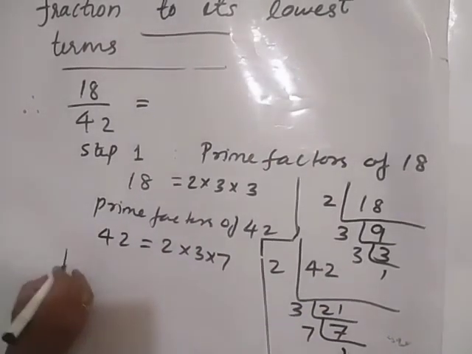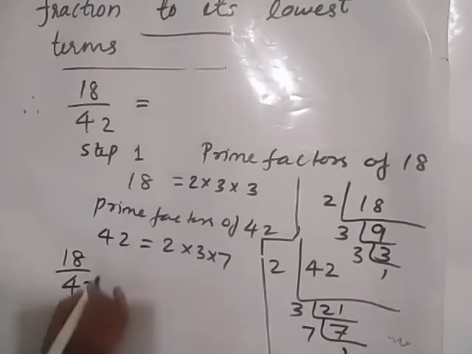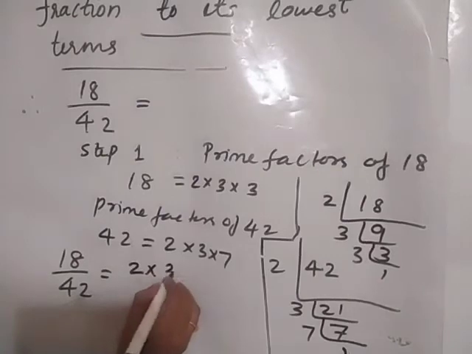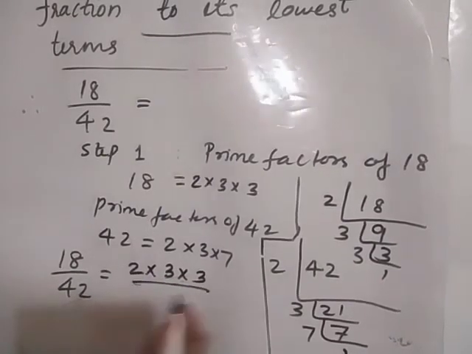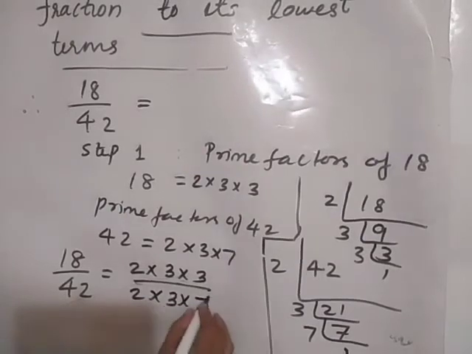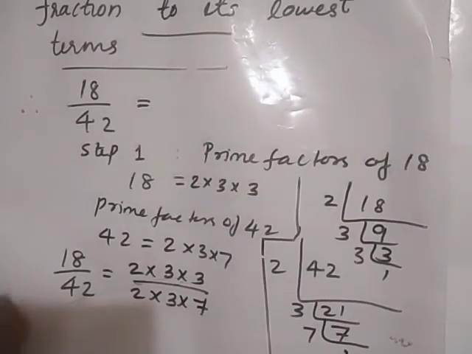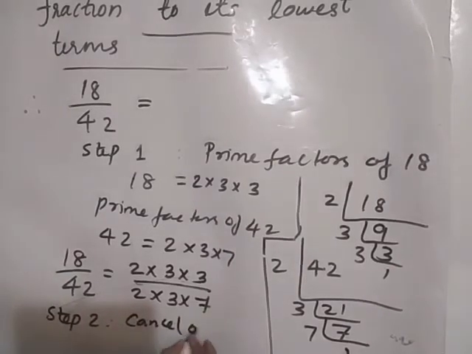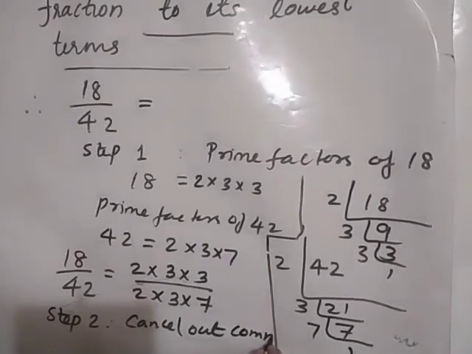Now, what is 18 by 42? Let us write down the prime factors: 2 into 3 into 3 over 2 into 3 into 7. Now cancel out. What is the second step? Yes, cancel out common factors.